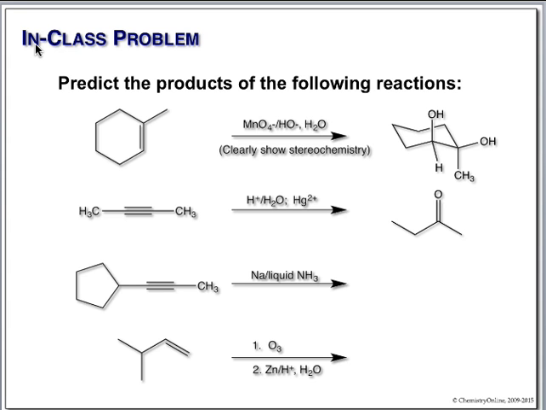But because it's a stepwise reduction, we're going to get the most stable conformation. That is, we're going to generate the trans double bond. The triple bond is simply going to go to a double bond. And again, we must show trans stereochemistry.